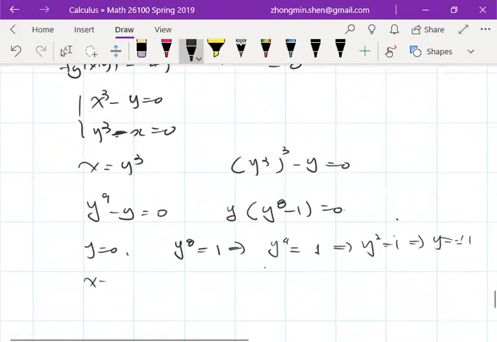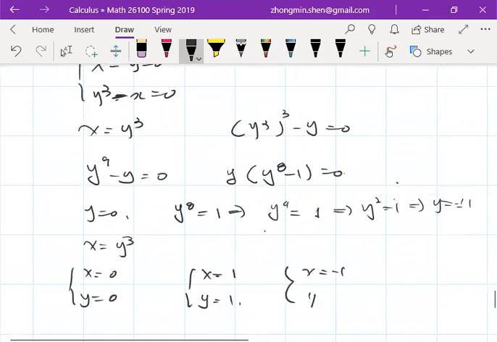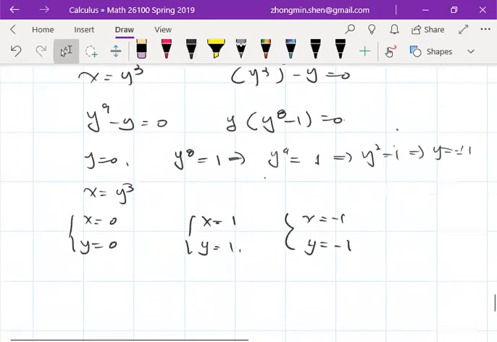But I know x equals y cubed. So when y is 0, x is 0, which gives the first solution. When y equals 1, x equals 1. When y equals -1, x equals -1. So you get 3 points, and I have to check them one by one.